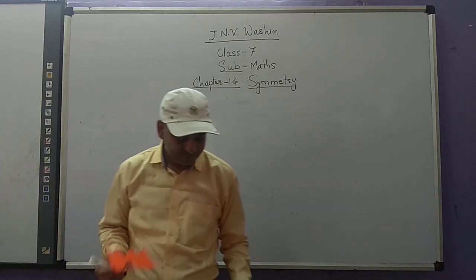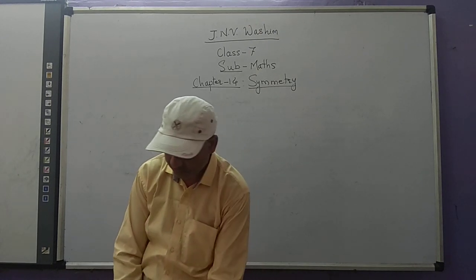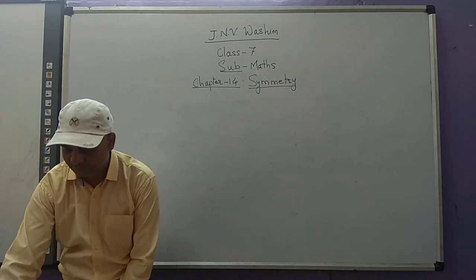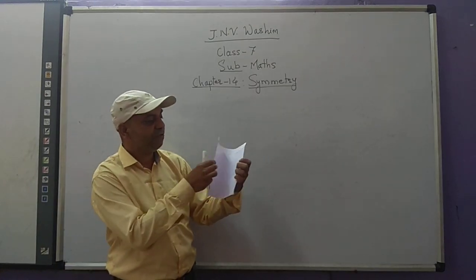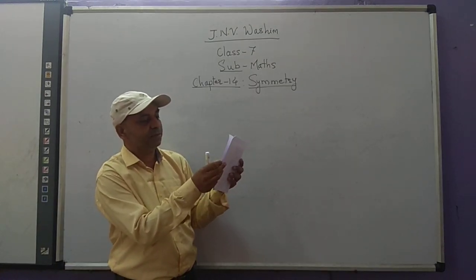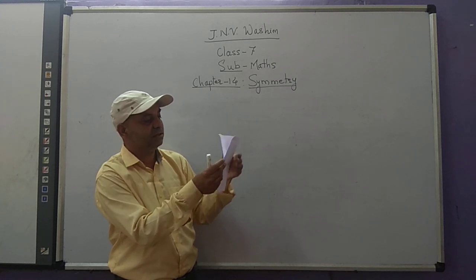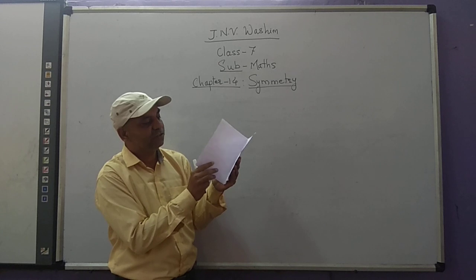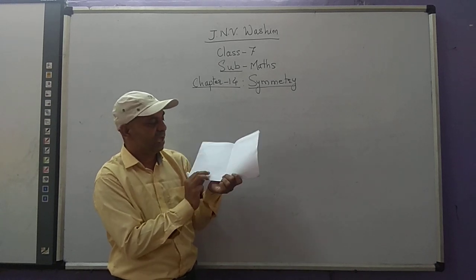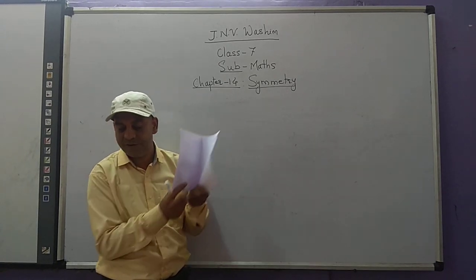For example, if I take this piece of paper, it is also symmetrical because when I fold it about the line, this piece of paper has two parts and these two parts are symmetrical.